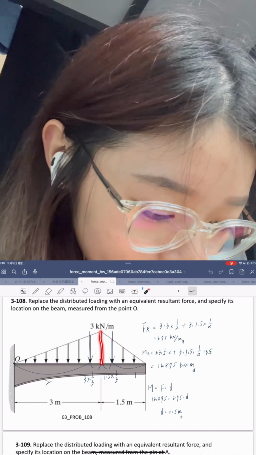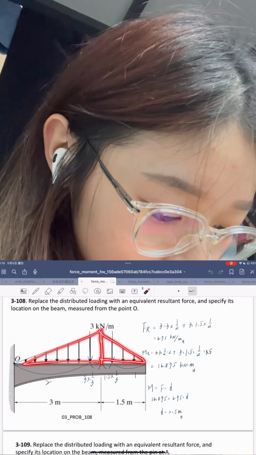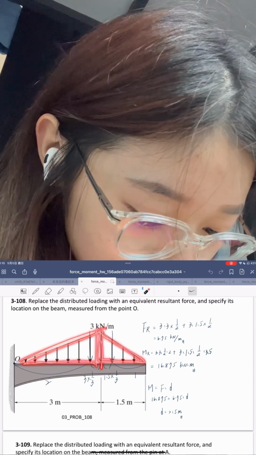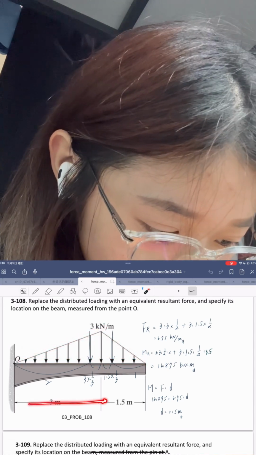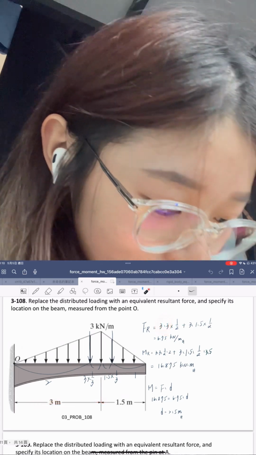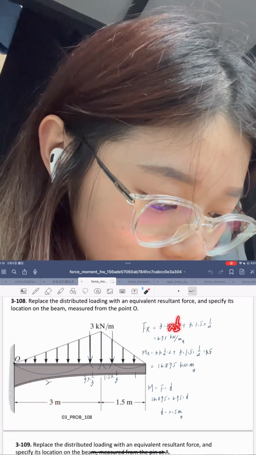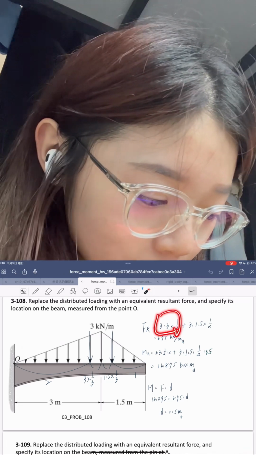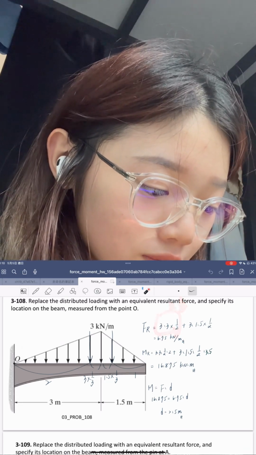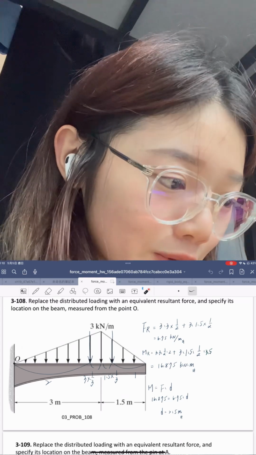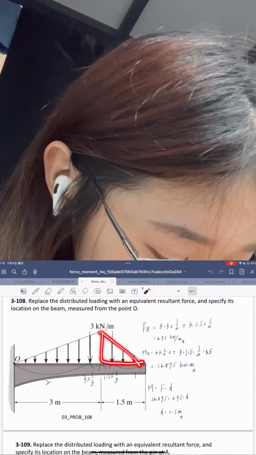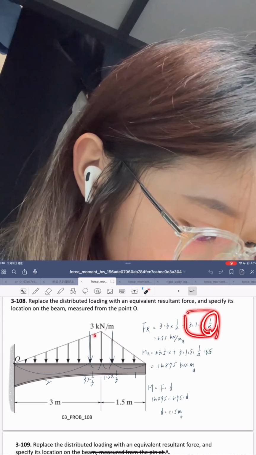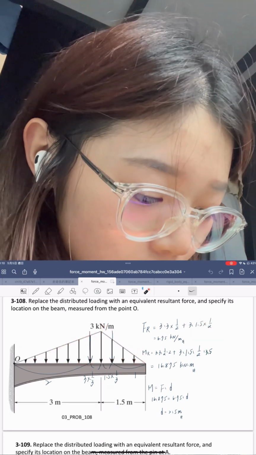To find the area, I separate it into two areas just like this: 3 multiplied by 3, and with the triangle area formula we multiply by 0.5. It is the same here, with two triangles with the O area.